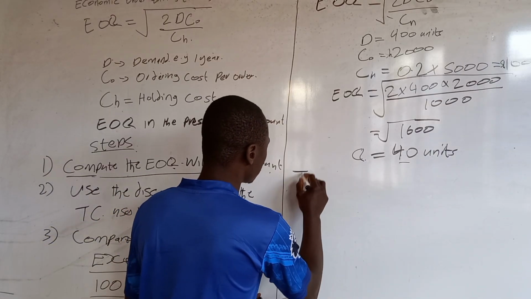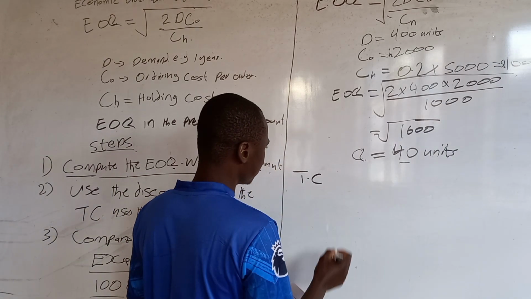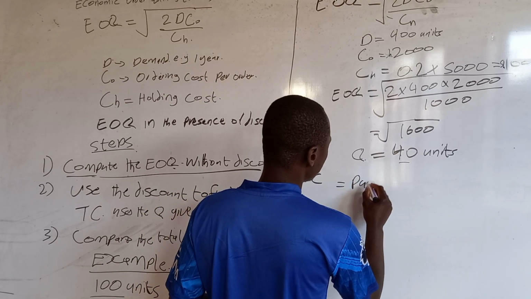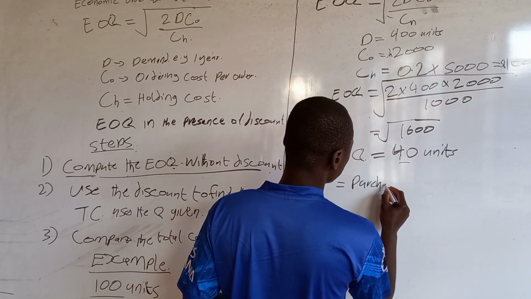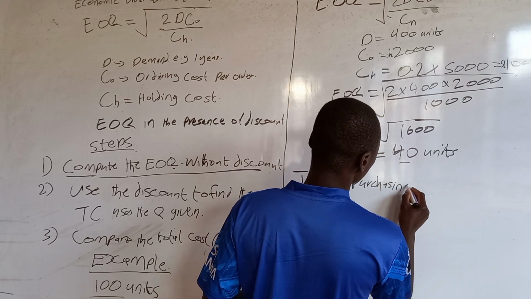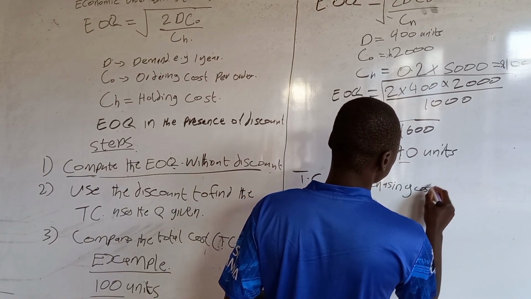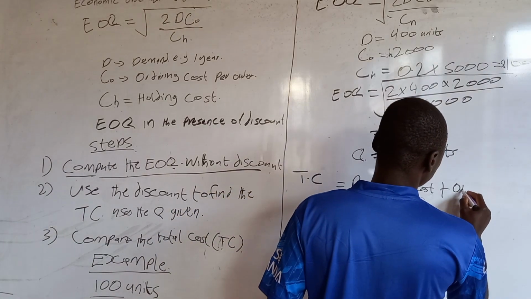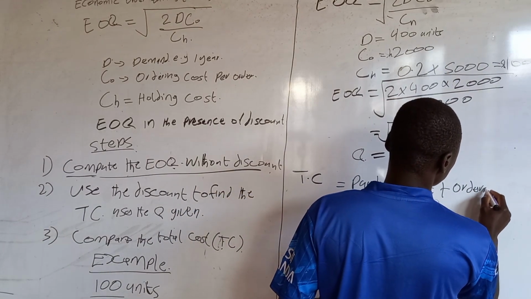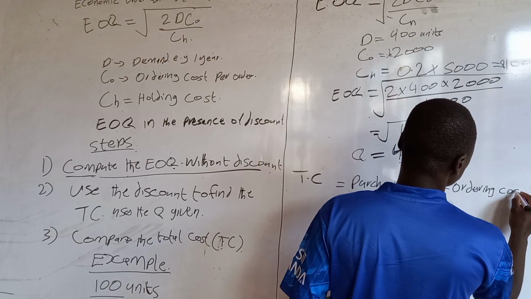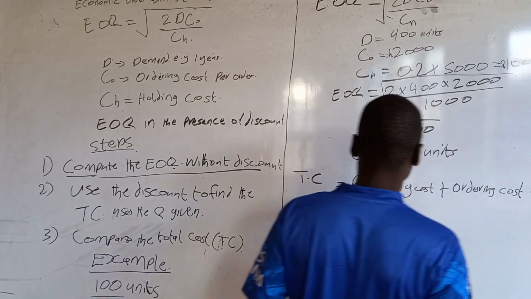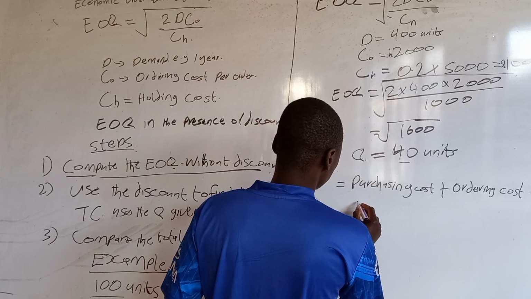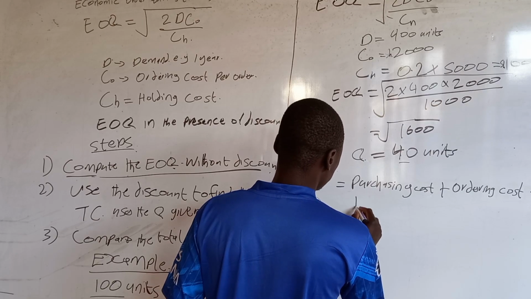Now the total cost is always purchasing cost plus ordering cost plus carrying cost or holding cost.